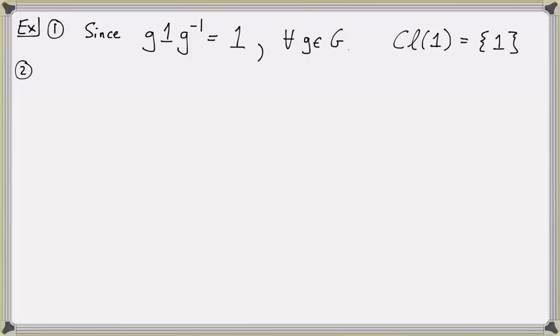Second example, now consider a group G that is abelian. If G is abelian, then we can commute elements.